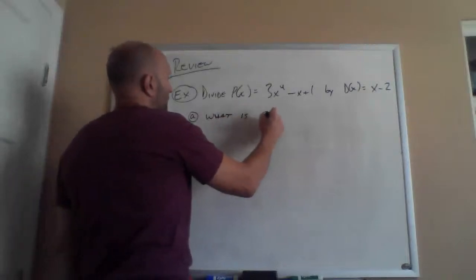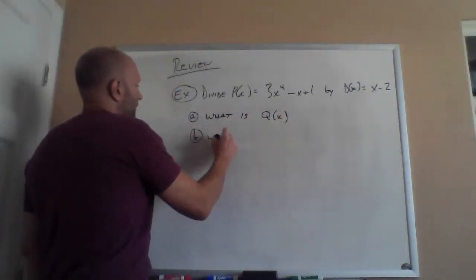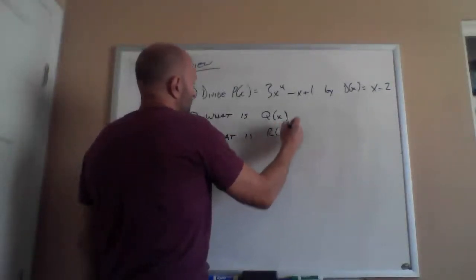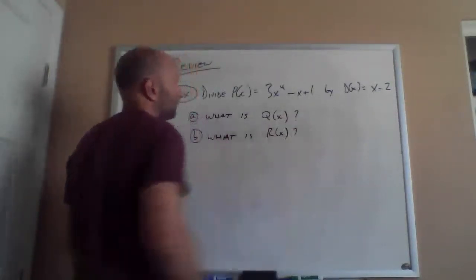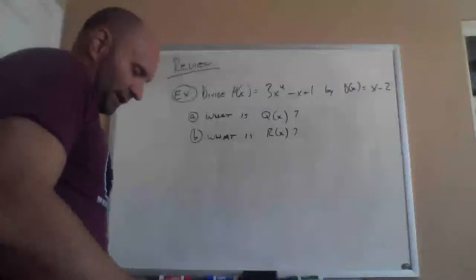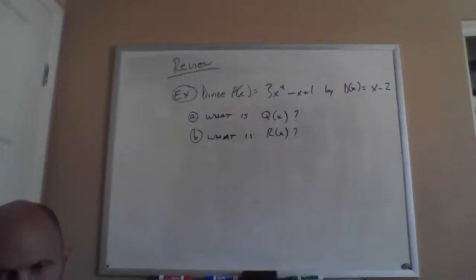So what is q of x? Part B, what is r of x? So go ahead and do that one. Divide that guy out. You can do it with long division. You can do it with synthetic division if synthetic division will work. Do it whatever method you want. So go ahead and try this one.